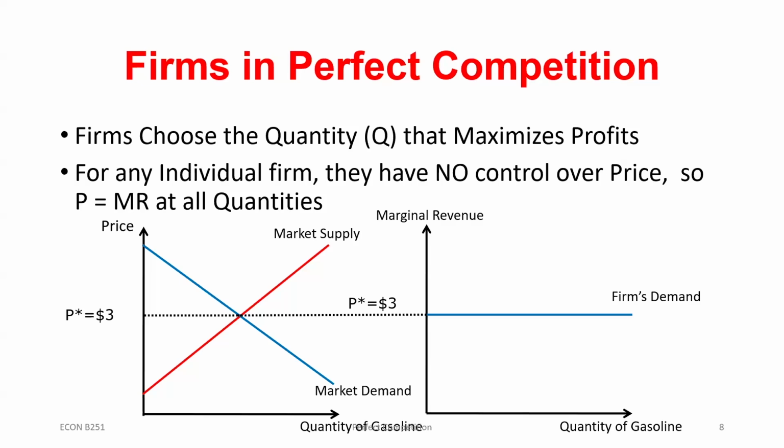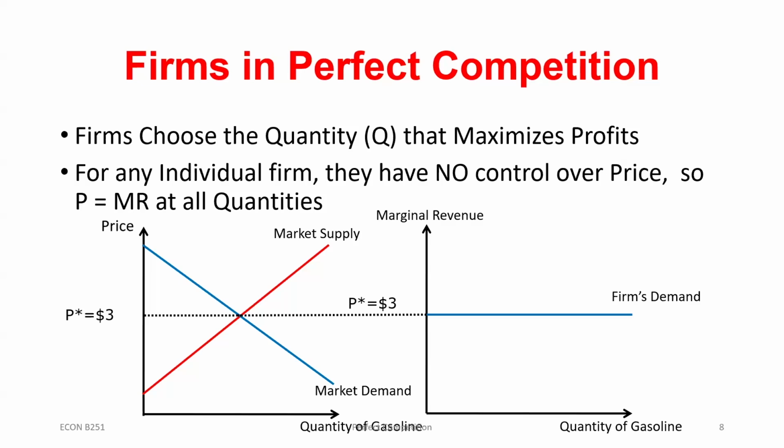So intuitively, do firms want to see a higher price or not? This is where, for the rest of the semester, we're putting ourselves in the mindset of a firm. If I'm a firm, do I want the price to be higher or lower? Why? Because that's essentially saying the amount of revenue I'm making on every unit is now higher. And then you can go through the same thought process.